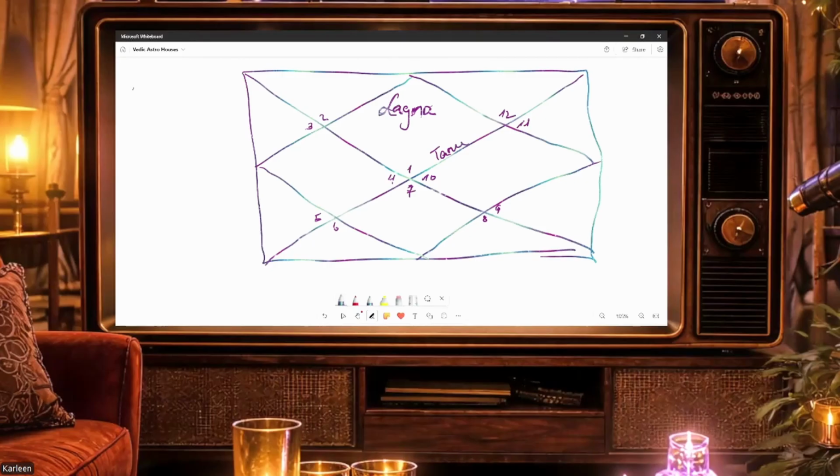The second house, or bhava, the houses are called bhavas. And the second house is called dana. And now, dana bhava is associated with wealth, accumulated assets, family of origin.